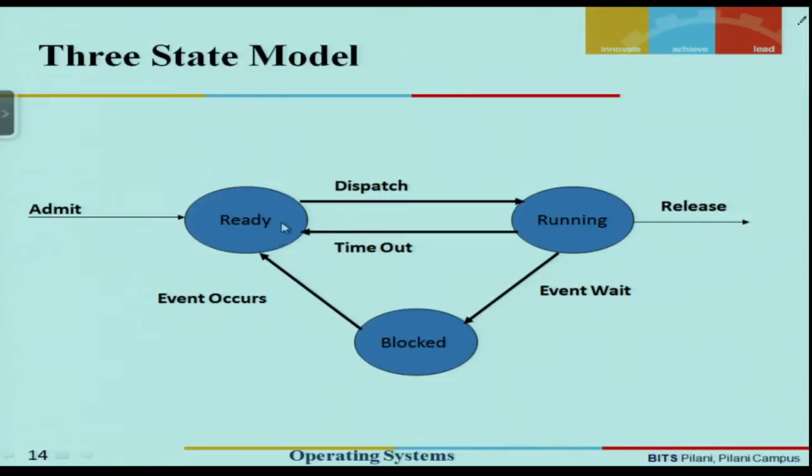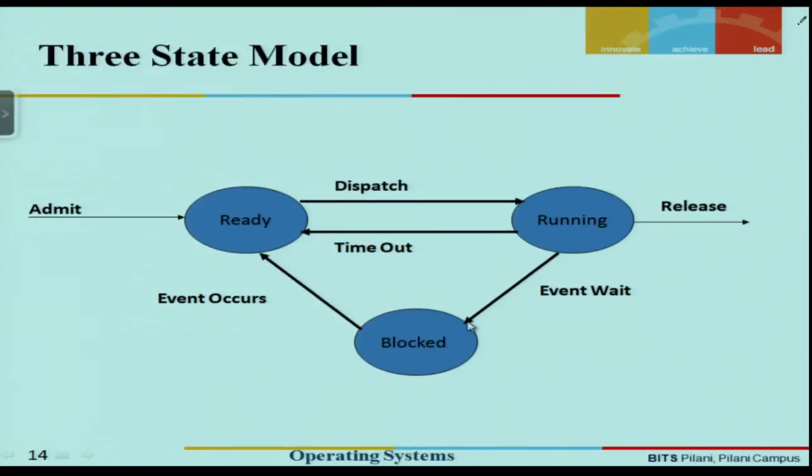and from the ready state it will be dispatched by a dispatcher into the running state. From the running state, if the time slice of the process expires, it will return back to the ready state, or if the execution of the running process gets over, then it gets released.